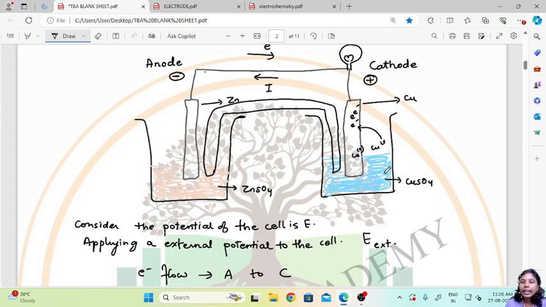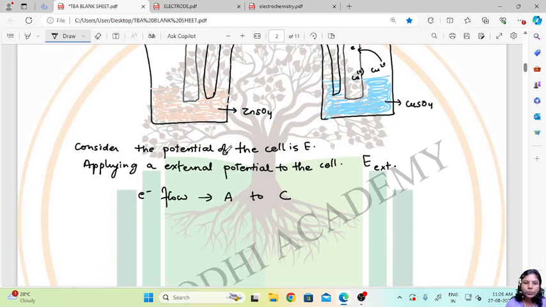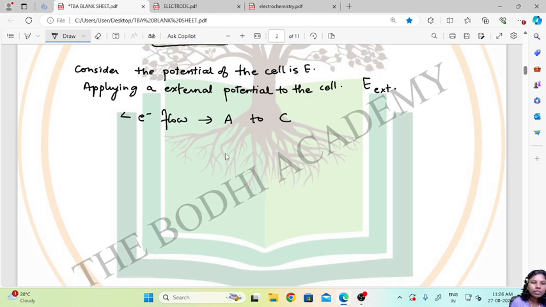Reverse as in the electron flow will occur from the cathode to the anode. So when we have E potential and E external potential applied, the electron flow will want to reverse itself, to go from cathode to anode.